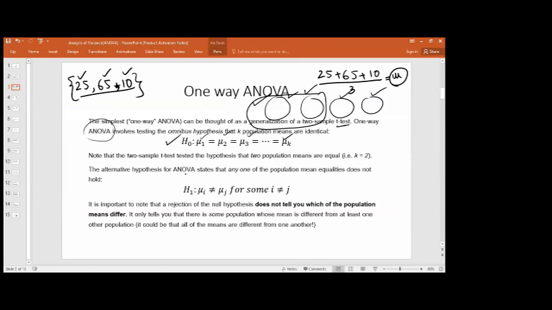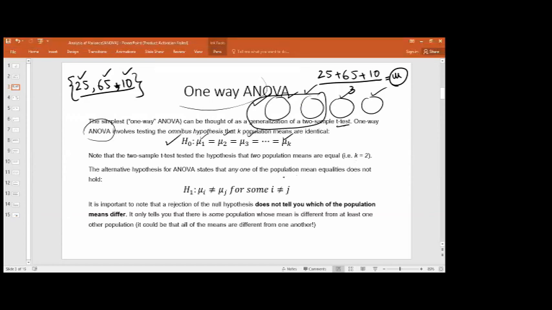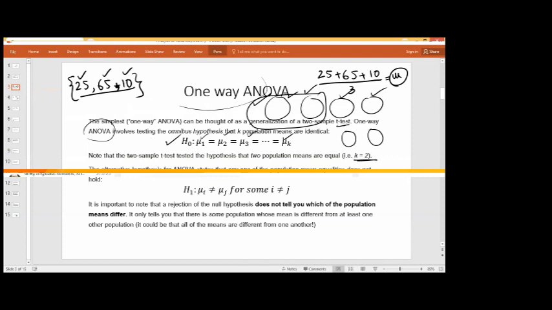It is important to note that rejection of the null hypothesis does not tell you which of the population means is different. So we cannot see which population has a different mean. It only tells you that there is some population whose mean is different from at least one other population. It could be that all of the means are different from one another.